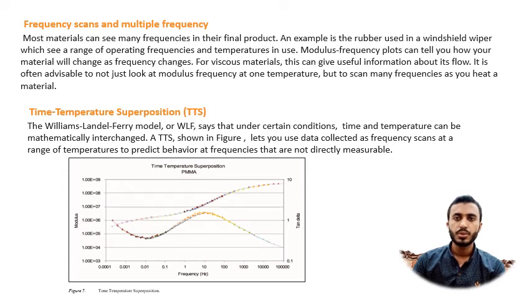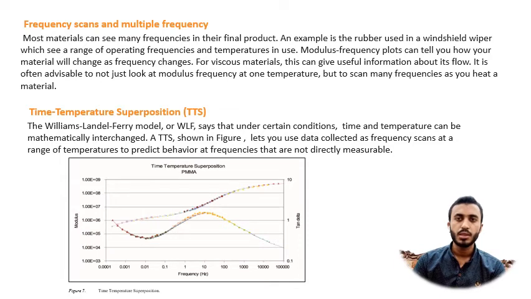Time temperature superposition. The Williams-Landel-Ferry model, or WLF, claims that under certain conditions, time and temperature can be mathematically interchanged. As shown in the figure, the aT shift factor tells us how data collected in a frequency scan adds a range of temperature to predict behavior at frequencies that are not directly measurable.